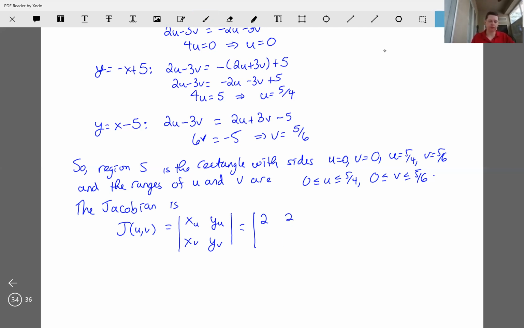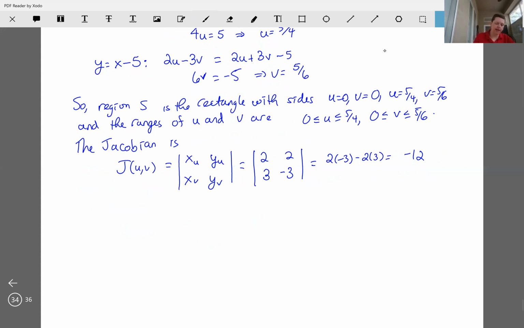The way x was 2u plus 3v, y was 2u minus 3v. And so x sub v, since that was a plus 3v, was 3, and y sub v is minus 3. So I'm going to get 2 times negative 3 minus 2 times 3, which is negative 12.